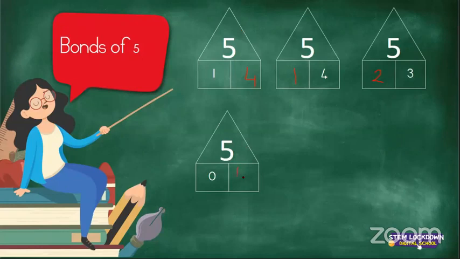Why do you say 5, Kobe? Because there is 0 and there's 5. Yes, because 0 and 5 equals? 5. Good, Kobe. Very good. 0 and 5 equals 5.